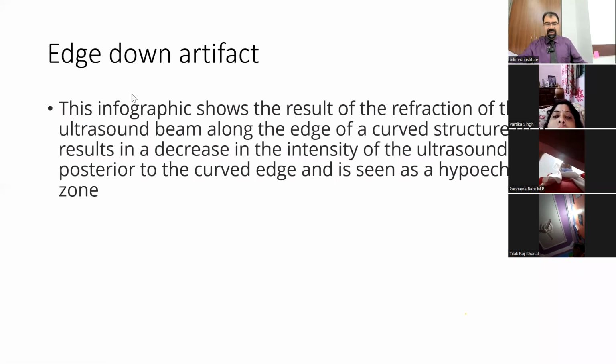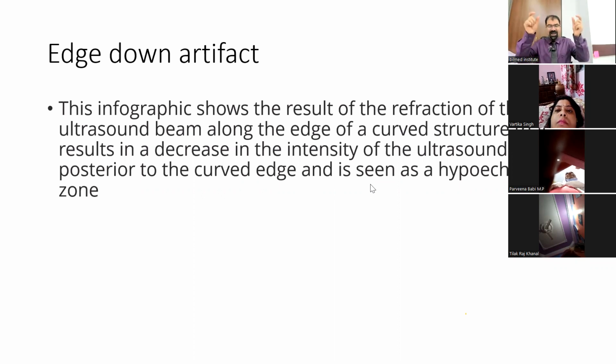Now, edge shadow artifact is posted. First of all, what is that? Whenever there is a curved structure, try to understand, whenever there is a curved structure and that curved structure is having fluid in it, from the edge of that curved structure I will be having a shadow. That's edge shadow artifact.